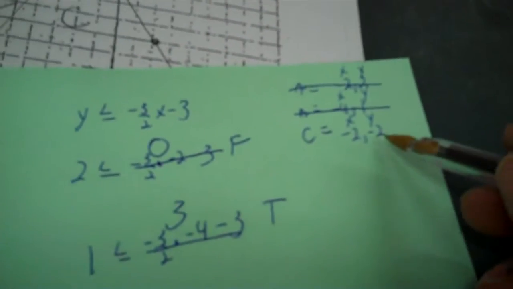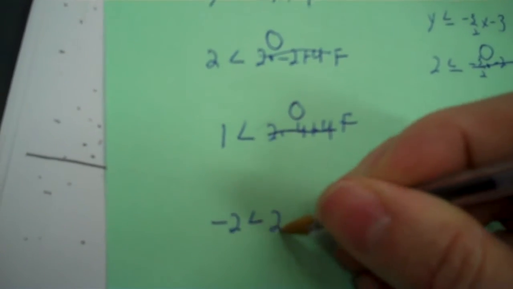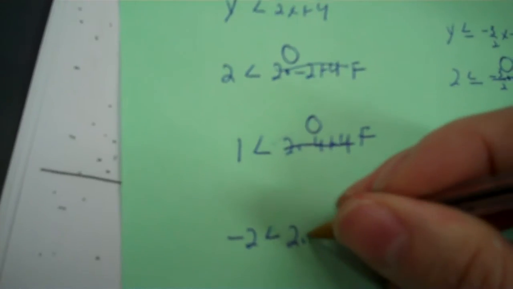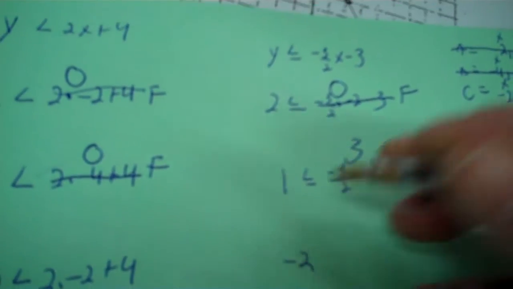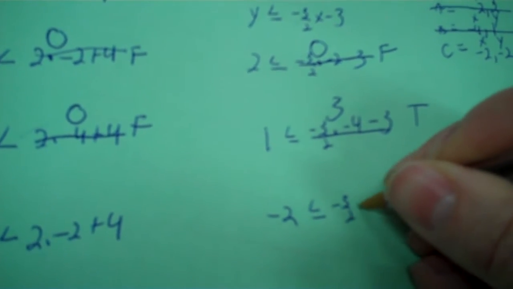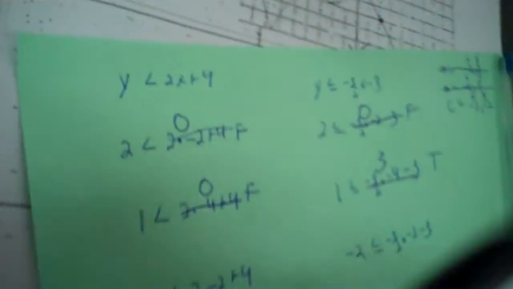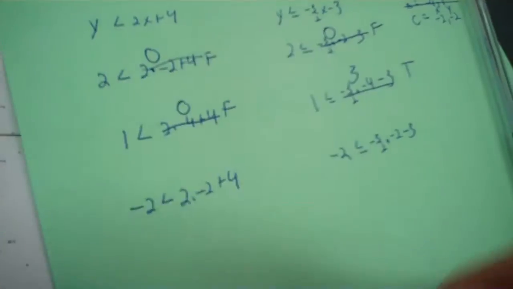Okay, now put the C in, so -2. And we're going to put -2 also in for X. -2 substituted for Y up there, less than or equal, times -2 minus 3. Okay. I have -2 on each side to start with, okay? 0.